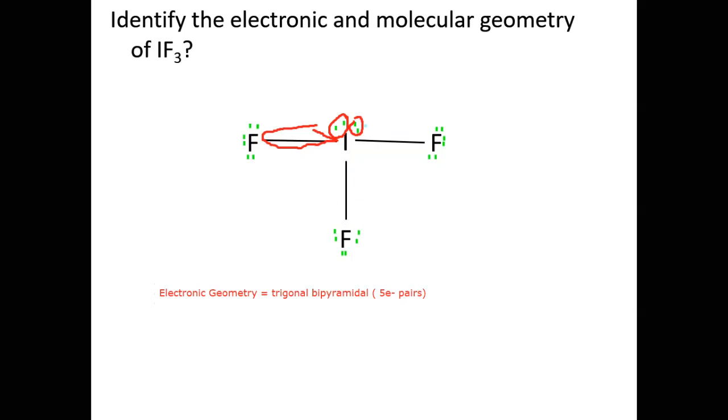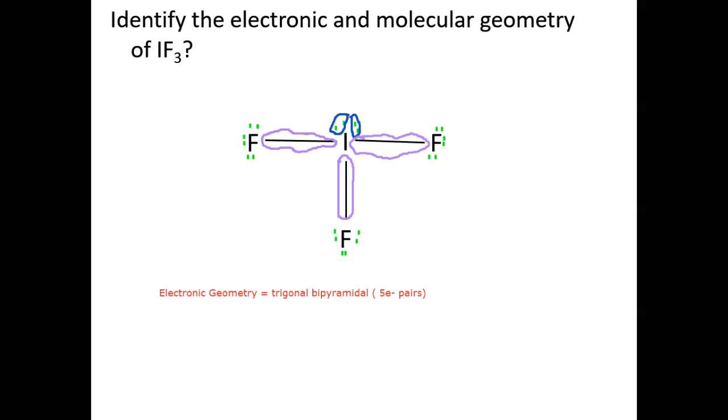Now for molecular geometry, we've got to distinguish between lone pairs and bonding pairs. So for the lone pairs, we have 2 lone pairs. For bonding pairs, we have 1, 2, 3.